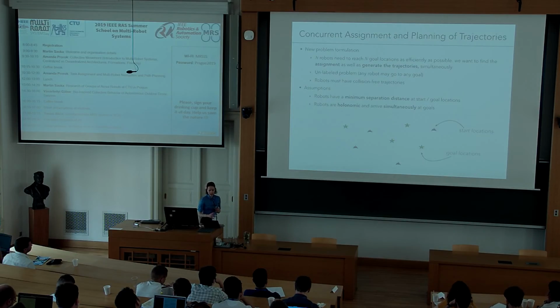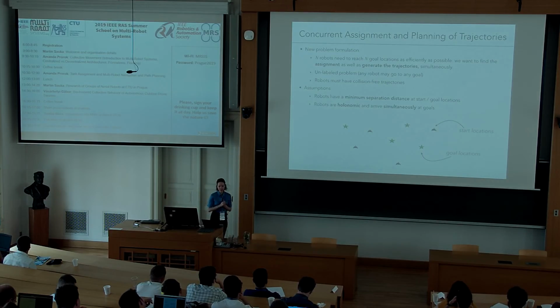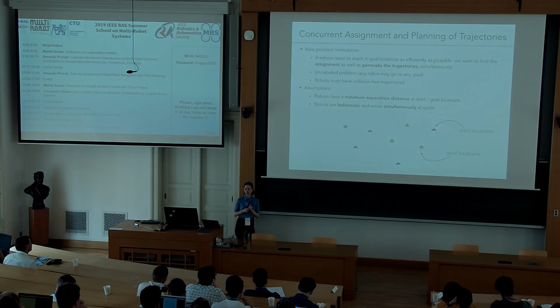Okay, and this is the very last thing I wanted to talk to you about today. And I like to present this because it's a completely alternative approach to the multi-robot path planning problem. What's different about it is that we're going to be solving the assignment problem and the trajectory planning problem at the same time.